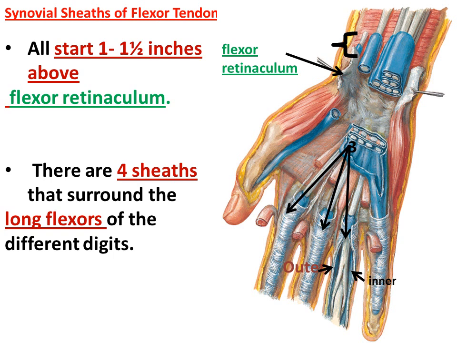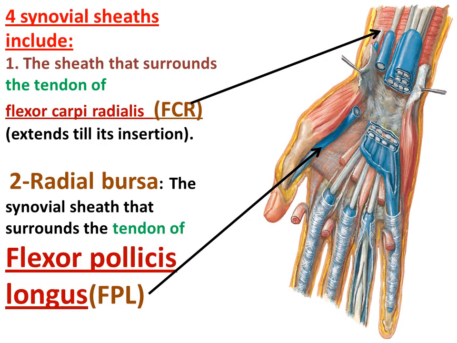This synovial sheath of long flexor tendon starts 1.5 inch above the flexor retinaculum. This is the flexor retinaculum, and we have 4 synovial sheaths surrounding the long flexor tendons. Look, this synovial sheath is a dark blue tubular sac, which is characterized by letter 6 in Arabic or inverted L shape.